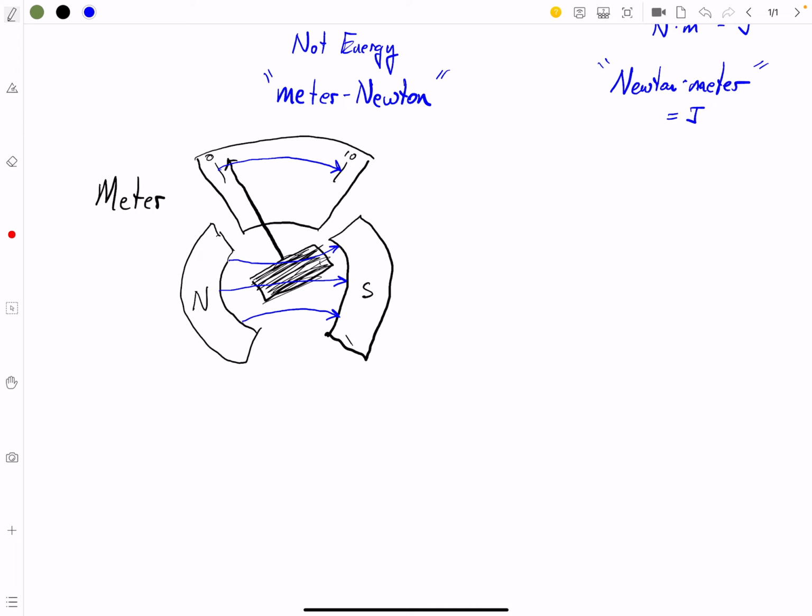Then we don't have to switch the current on the loop, because if we look at it from the side, our loops are going to be like this over and over and over. Okay, now we're looking at it from the side.